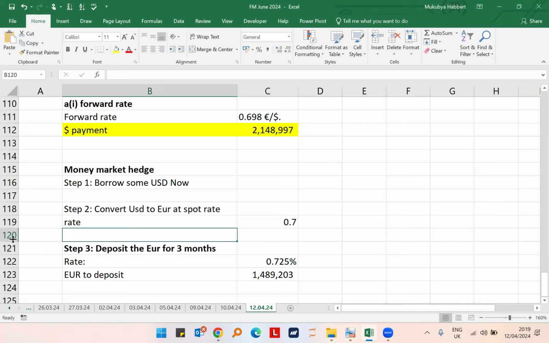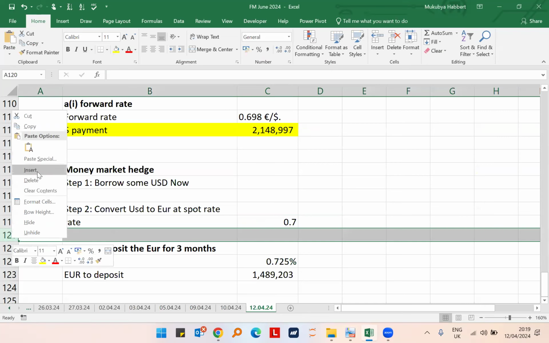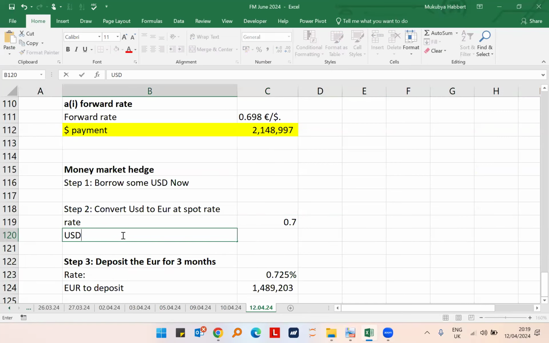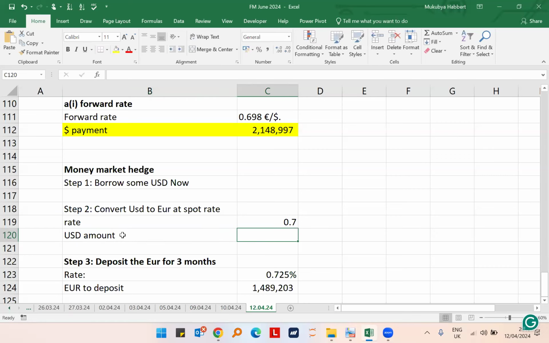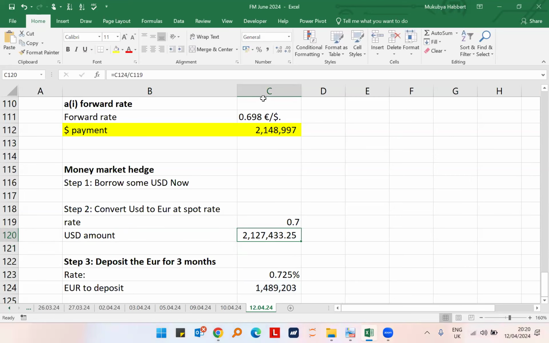Therefore, the dollar amount is going to be, remember the dollar is the base currency, so I'm going to divide the euros by 0.7. So that becomes 2.127.